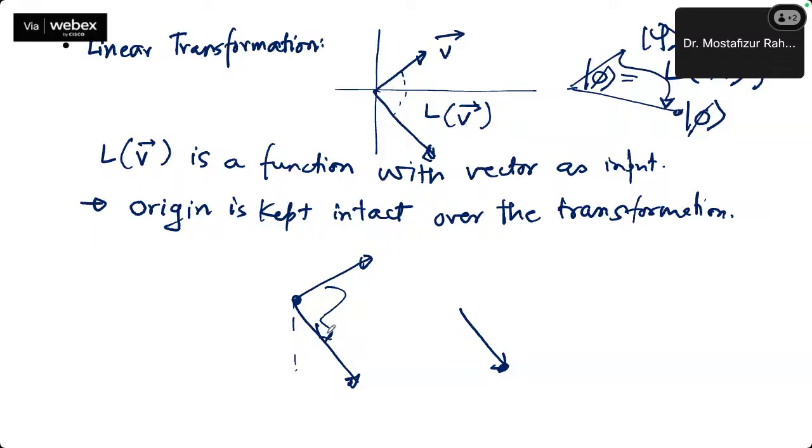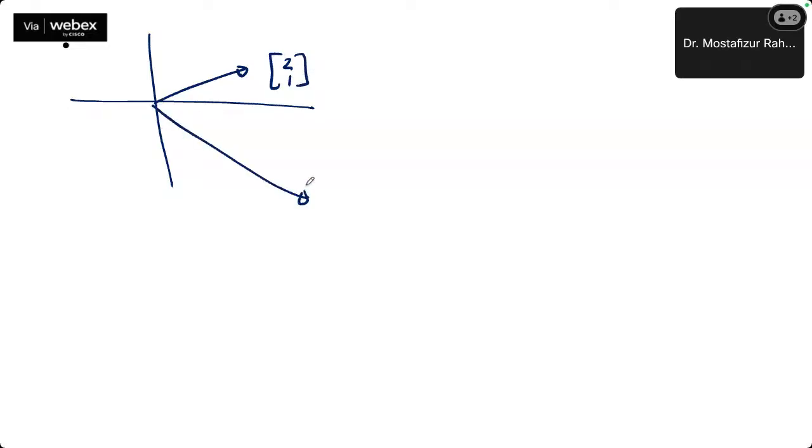So now let's go a bit deeper. Suppose we take a vector 2, 1 and another vector 3, -2. In general, you can take these as (a, c) and these two components as (b, d).